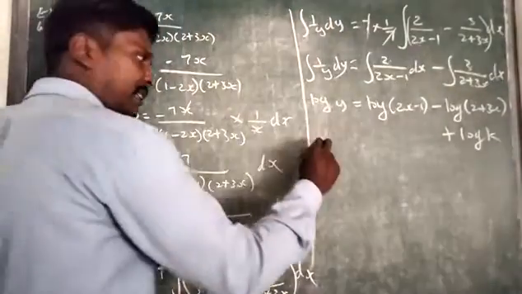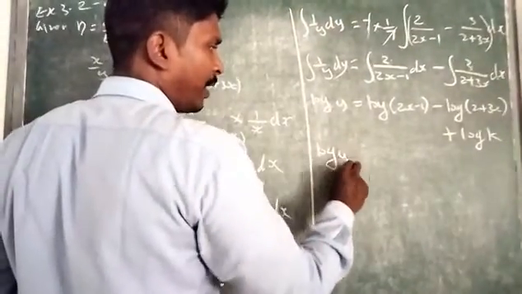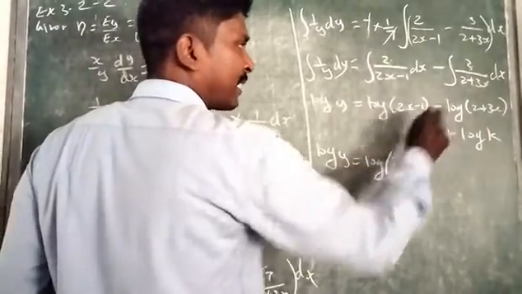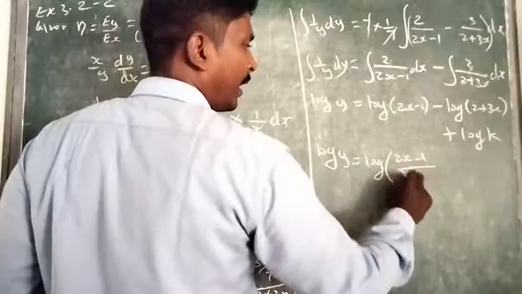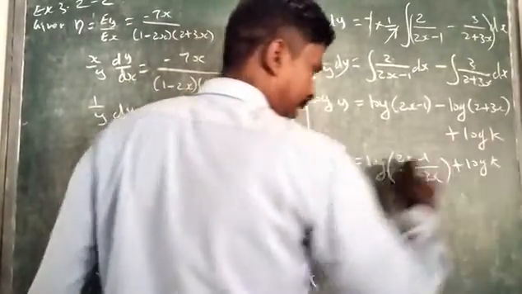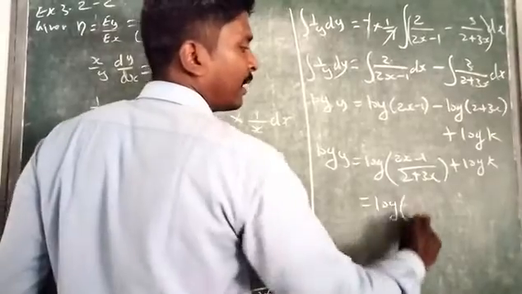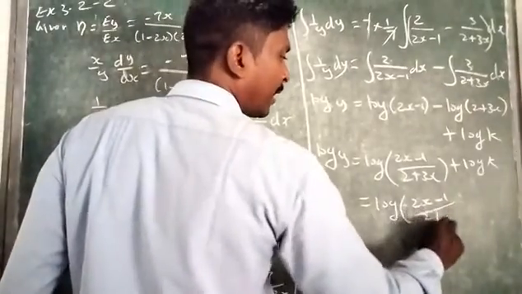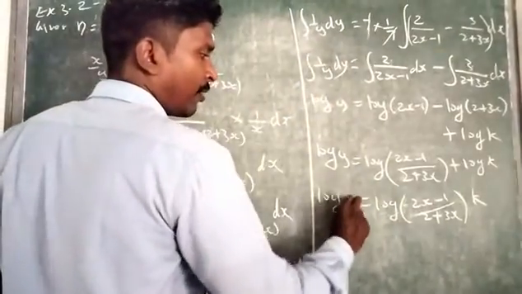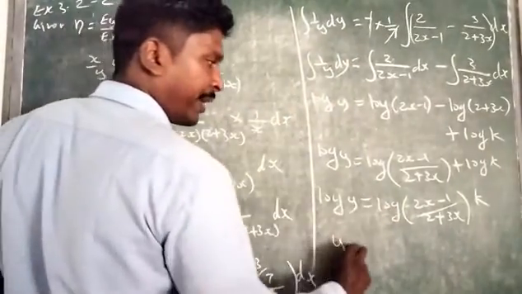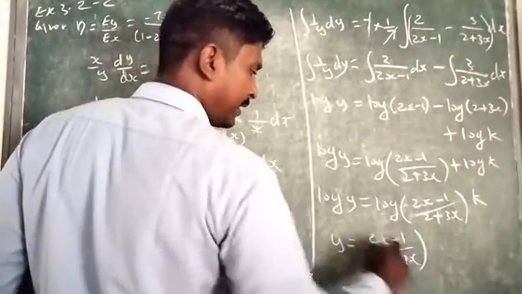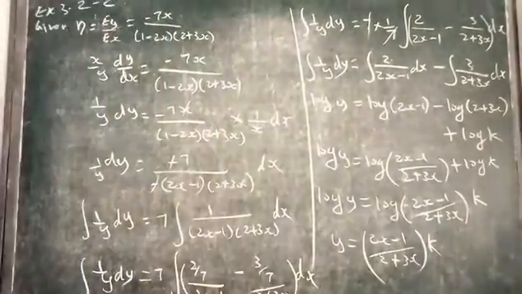Now we can write log y equal to log (2x minus 1) minus log (2 plus 3x) plus log k. Taking log common, it becomes (2x minus 1) by (2 plus 3x) into k. Now we can remove log on both sides, then we have y equal to (2x minus 1) by (2 plus 3x) into k.